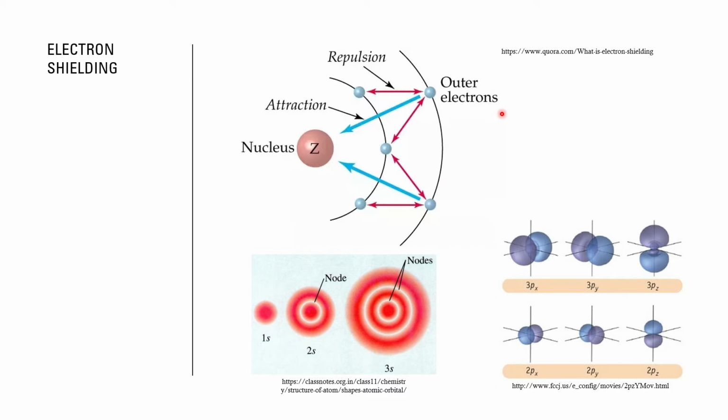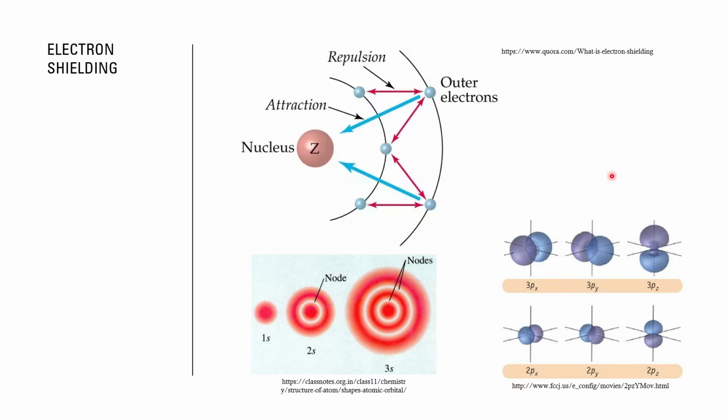So again, the concept is, the more electrons there are between the nucleus and the outer electron, the less the nucleus is going to be able to attract those electrons towards it, which means that the electrons can sit a little bit further out and be spaced further out as well.